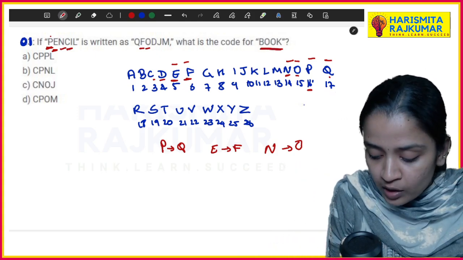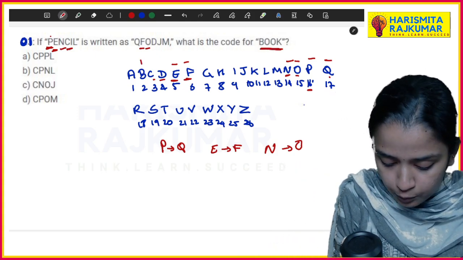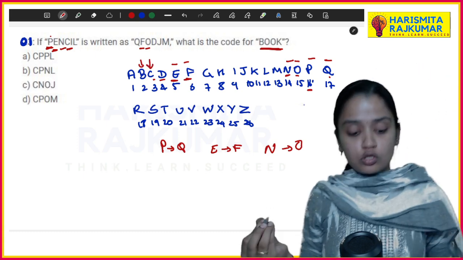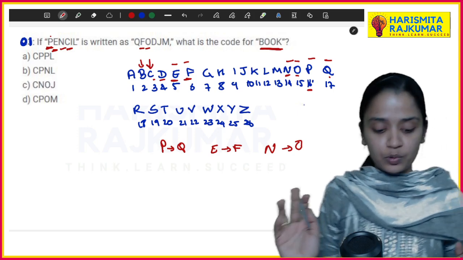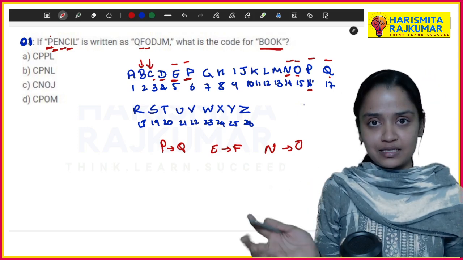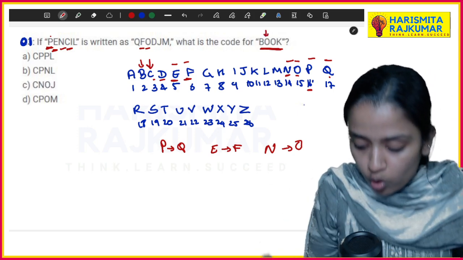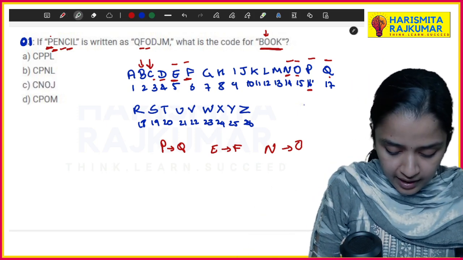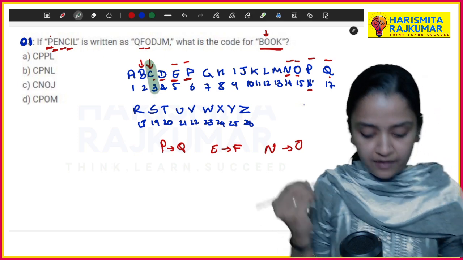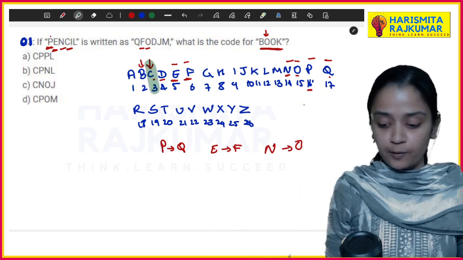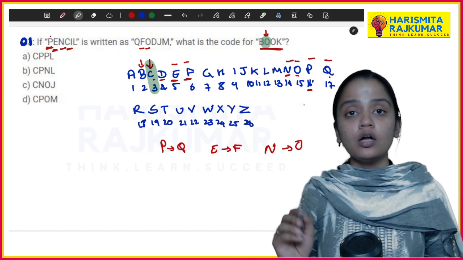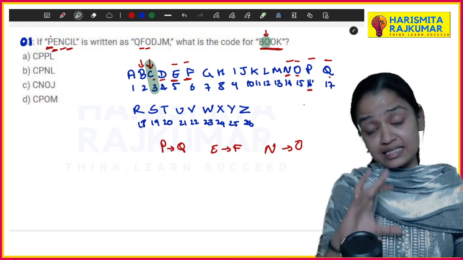So book. What is B? B is in second position. What is plus 1 for it? C. So definitely your code should start with C. So C is your first letter here. Second, your letter is O here. What is the next letter of O?